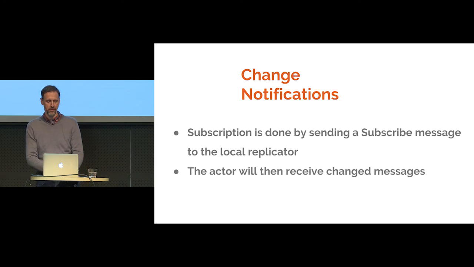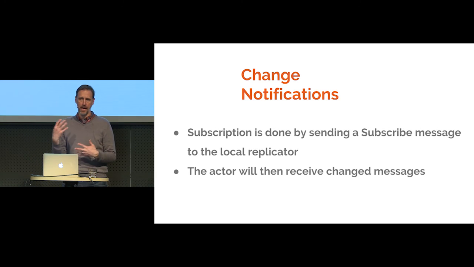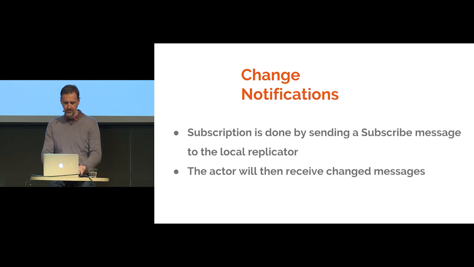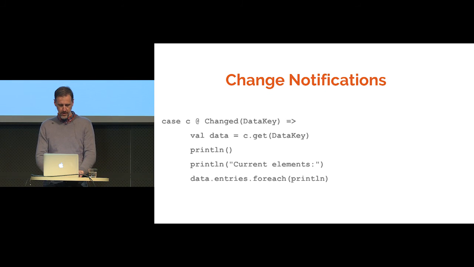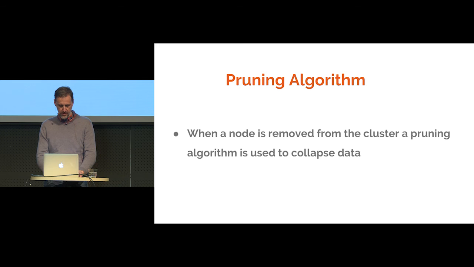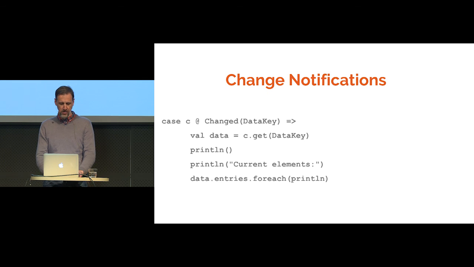I can also do change notification. Change data capture is something that you can't do very well in traditional database systems, which makes Akka distributed data really nice: I can listen to subscriptions for changes. I'm going to show you a quick example of this. I subscribe to a change event in Akka, and I can receive those change events.